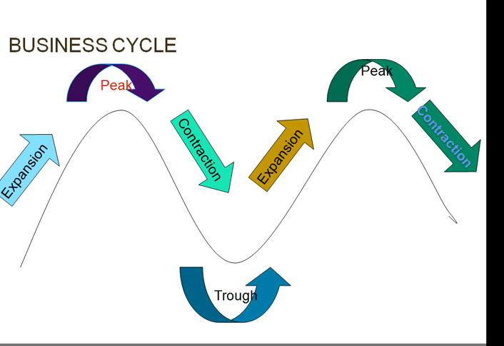So upward moving is called expansion, the top is the peak, and when we are going downward, that is called contraction, and the low point at which we again move upward is the trough, and then we expand.